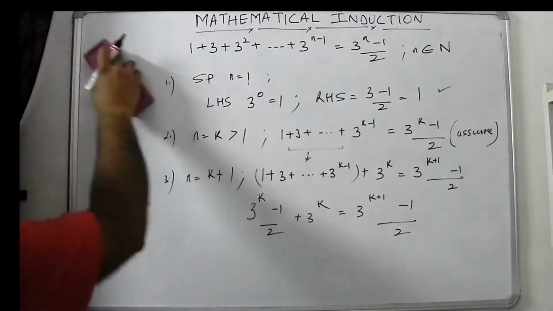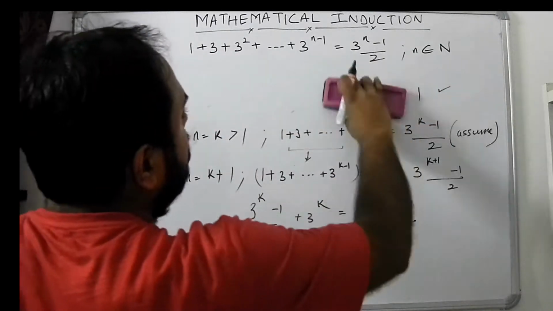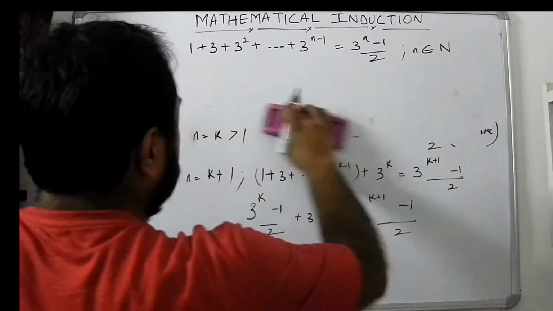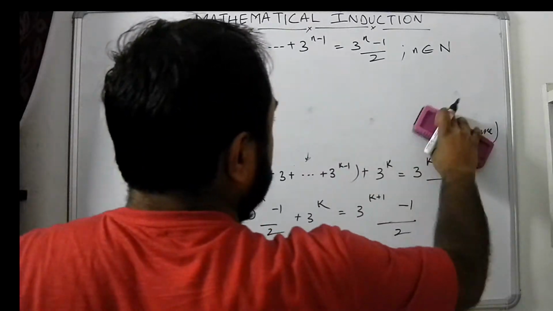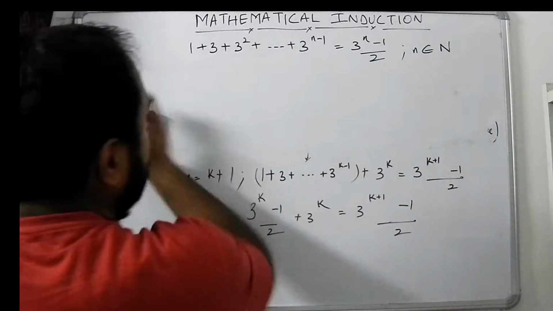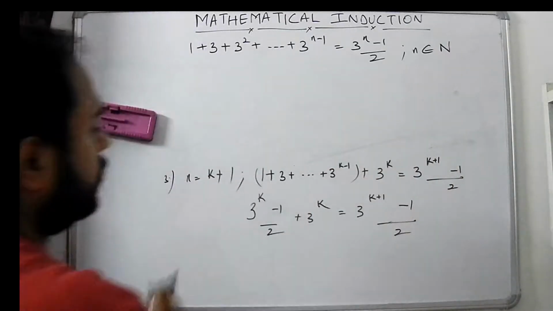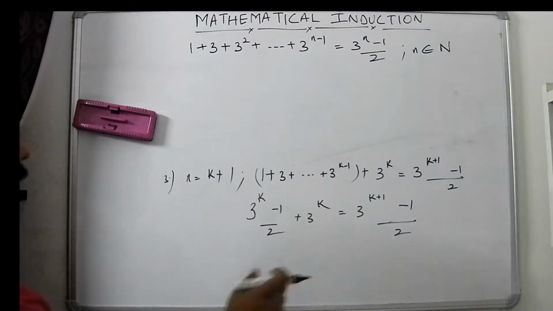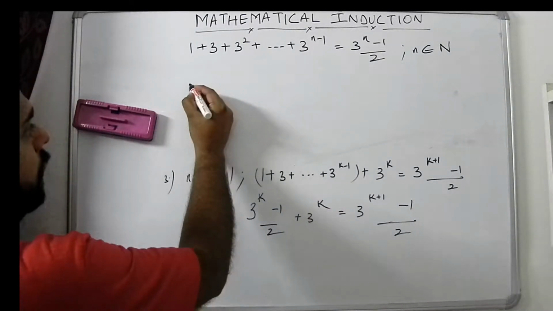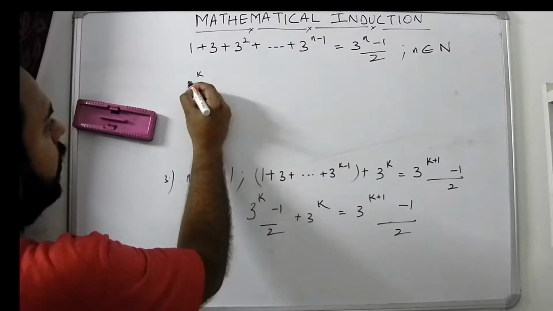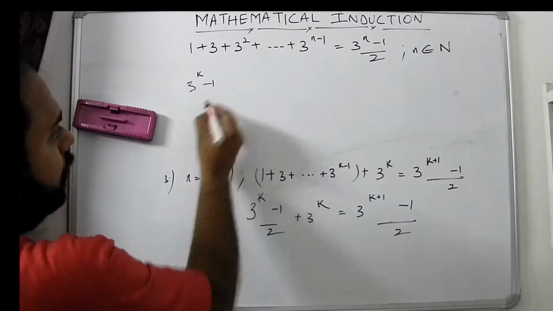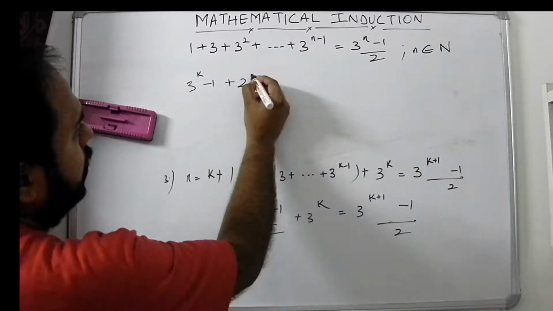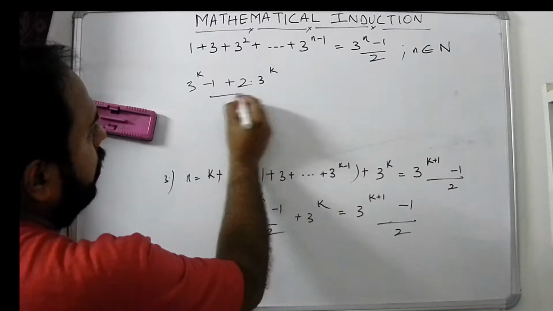Okay. So now I am removing this part and moving it here, right? What I need to prove is that this thing is equal to this thing. Very simple. Let's take the LCM. It becomes (3 to the power k minus 1 plus 2 times 3 to the power k) whole divided by 2.